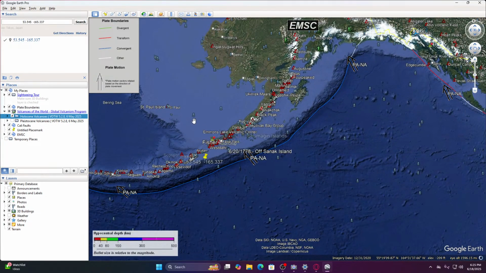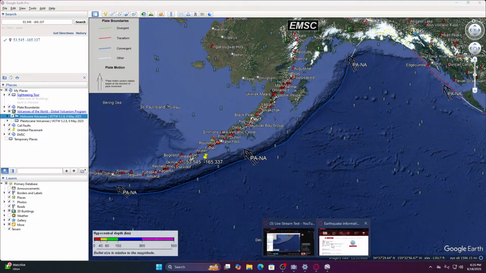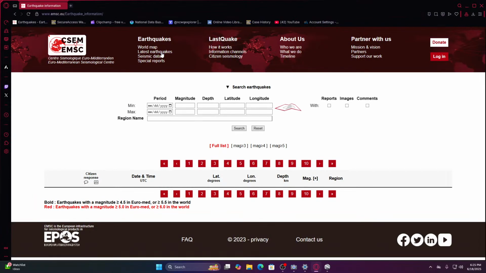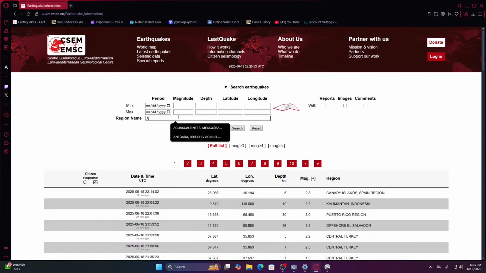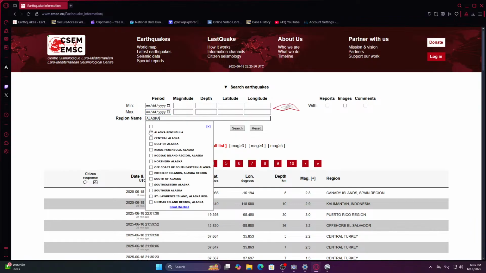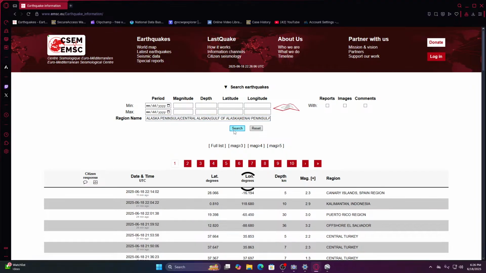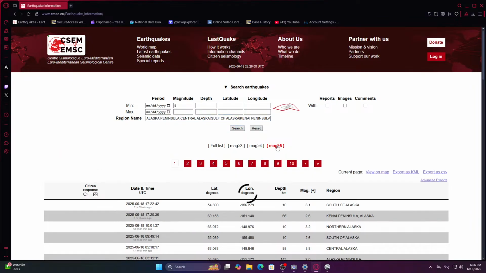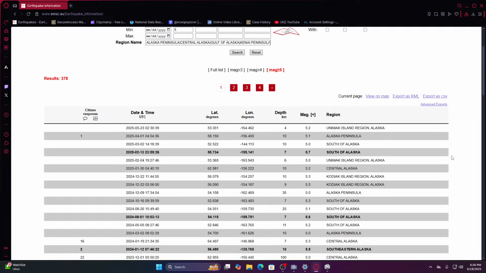I believe the last one that was there was 5.9, so let's take a look. So the last one there was Kodiak Island region.